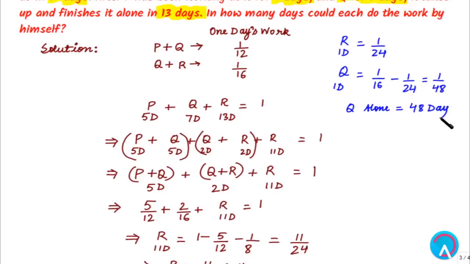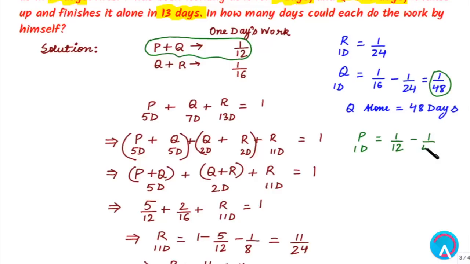So this also we had to find in the question. Now we've got Q's 1 day work is 1 by 48, and we also have P plus Q in 1 day is 1 by 12th. So from here we can find P's 1 day work. P's 1 day work will be equal to 1 by 12 minus 1 by 48.